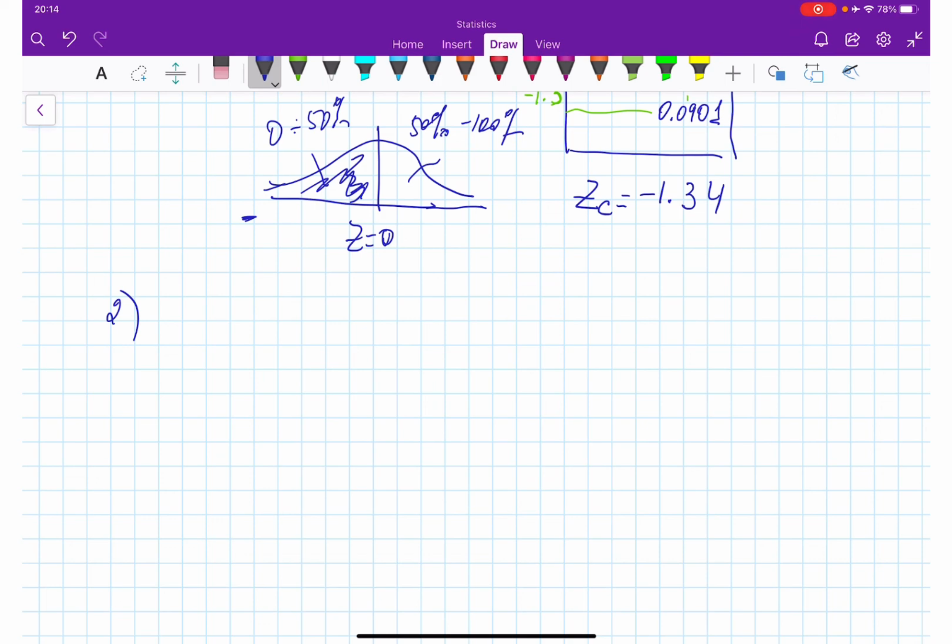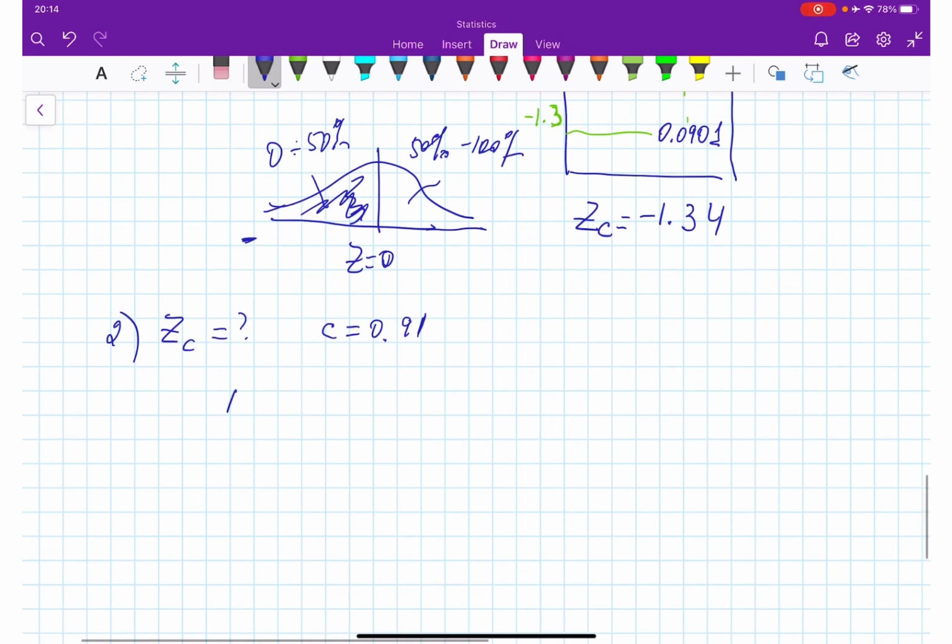Okay, question number 2. The same thing: we need to find z-critical for the confidence level of 0.91. So again, subtract 0.91 from 1, which is 0.09, right?